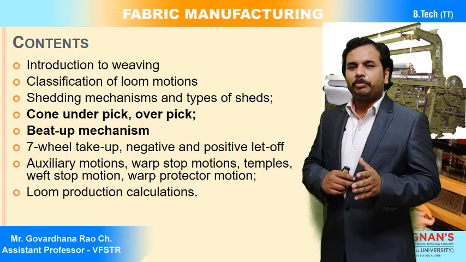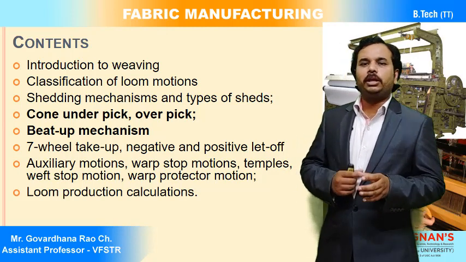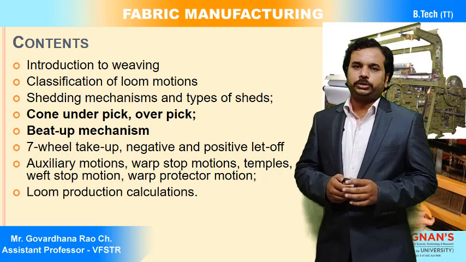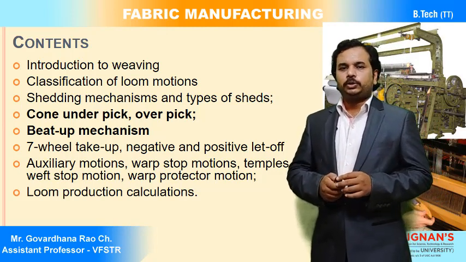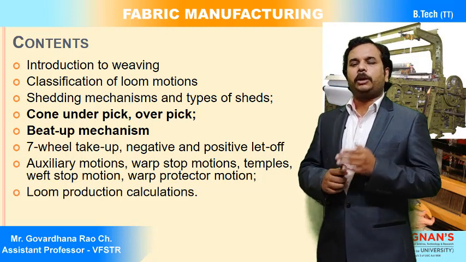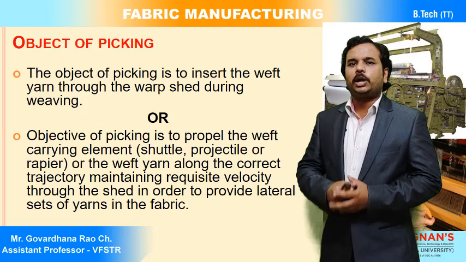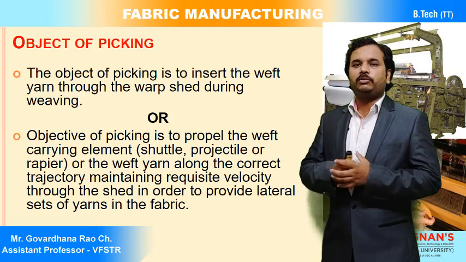The beat up mechanism is the last, the third primary motion in loom motions. So we will discuss the cone under pick mechanism, the cone over pick mechanism and the beat up mechanism in this session.